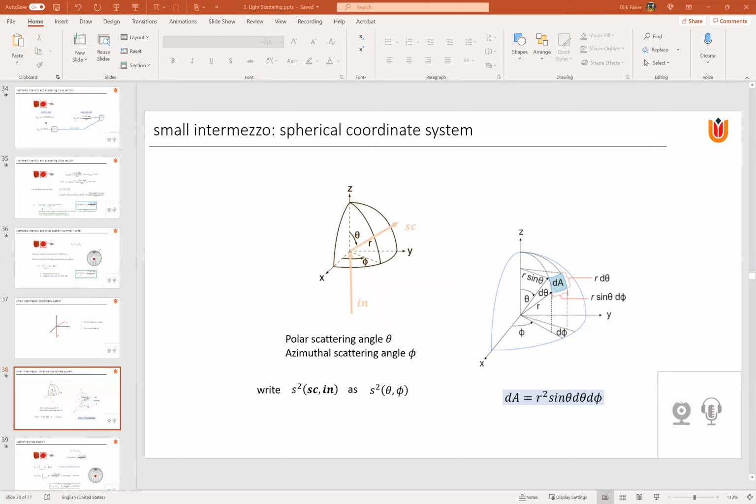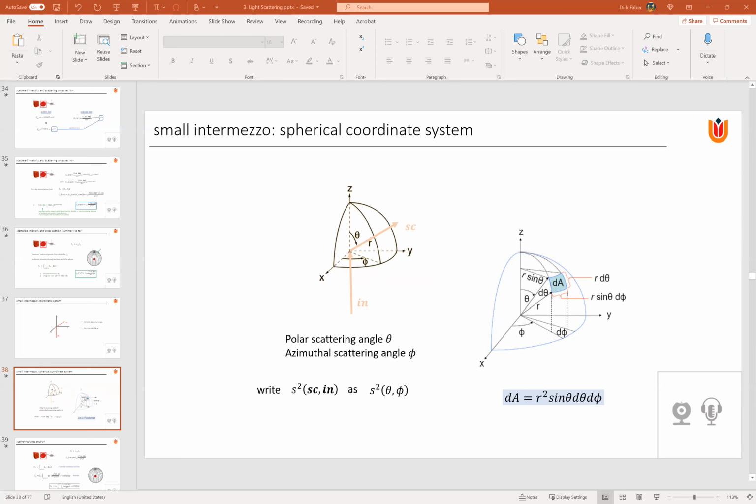Theta is the so-called polar scattering angle, the angle between the plus Z axis and the R direction, and phi is then the angle between the plus Z axis and the projection of the R axis onto the XY plane. We can make that coordinate transformation.